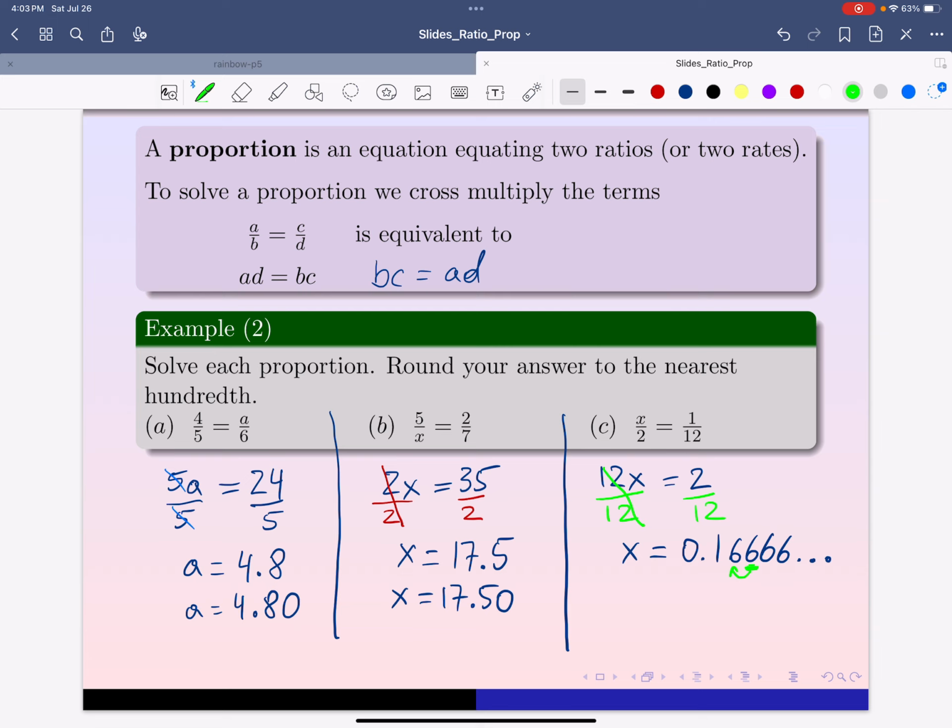If this number is less than 5, we leave it as is. So in that case, x is equal to 0.17, because this digit right here is more than 5, so we round it up by 1. So this is to the nearest hundredth.